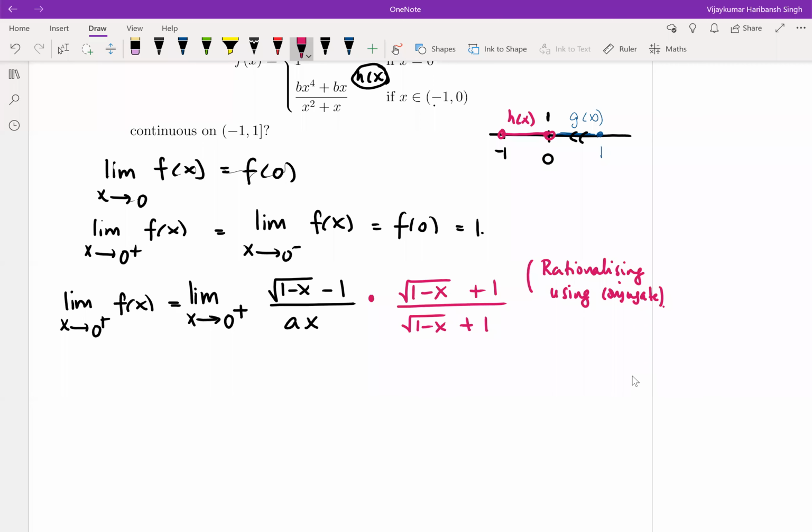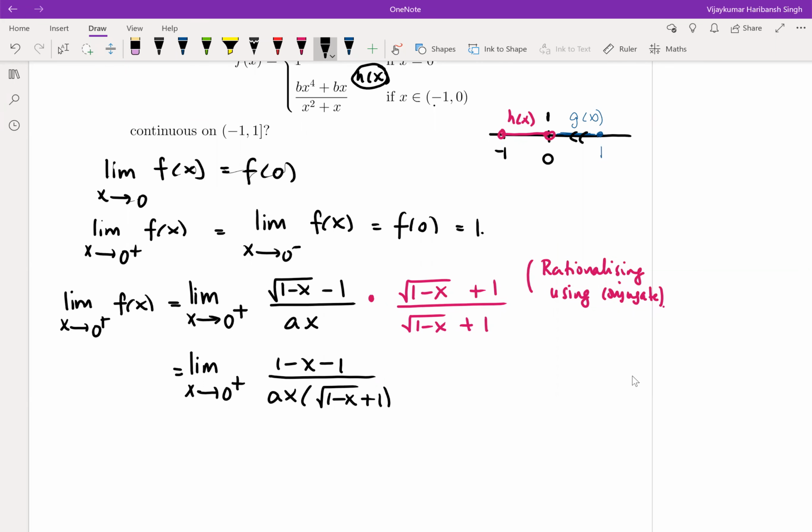So then this becomes the limit as x goes to 0 plus of 1 minus x minus 1, a square minus b square. And in the denominator, you still need x, so you will not multiply it out. You'll keep that x intact because that will be used to cancel out.